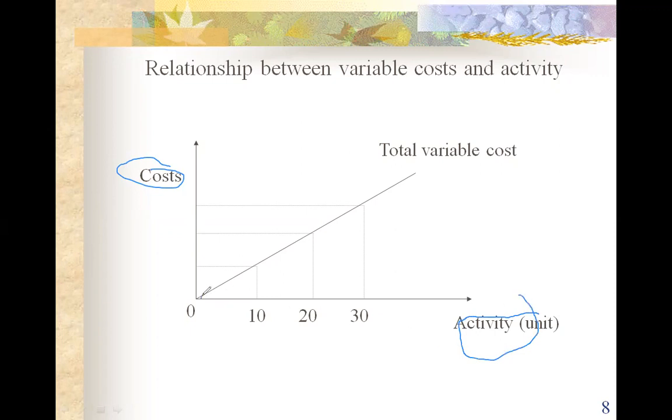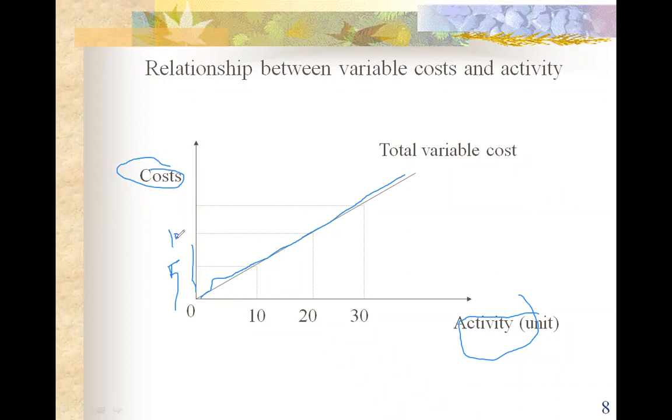As the level of units increases, our cost is also increasing. See, total variable cost is also increasing. This line is cost. For example, this is for example 5. This is for example 10.